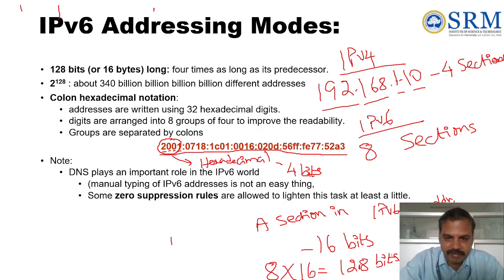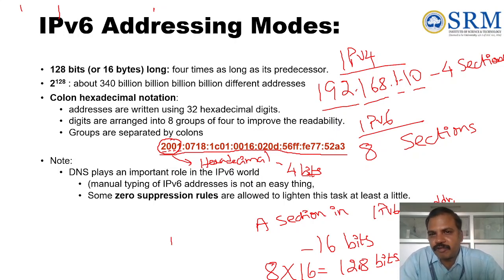This is the hexadecimal notation of an IP address, and each hexadecimal number takes 4 bits. 8 sections, and in each section 4 hexadecimal numbers. So 4 into 4 is 16 bits. Each section has 16 bits. 8 into 16, totally we have 128 bits. Okay, thank you.